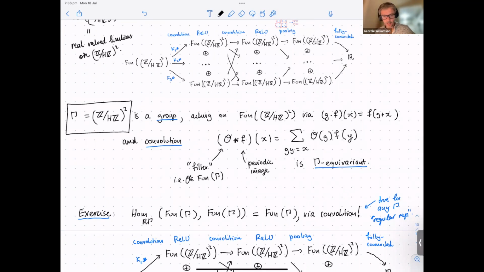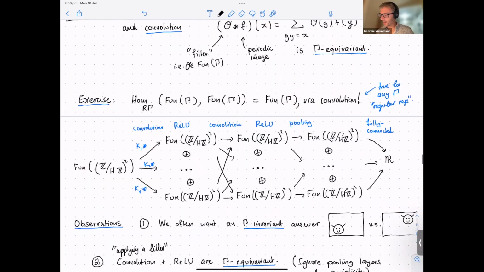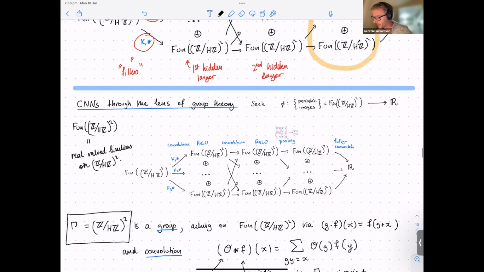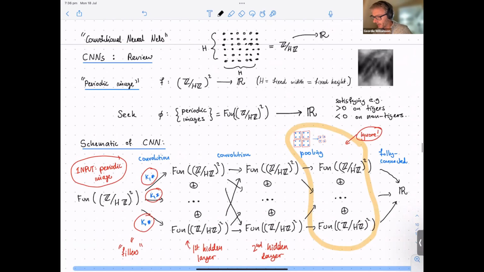The image should always be periodic. So this was another question. Basically, the assumption that the image is periodic is a simplification.